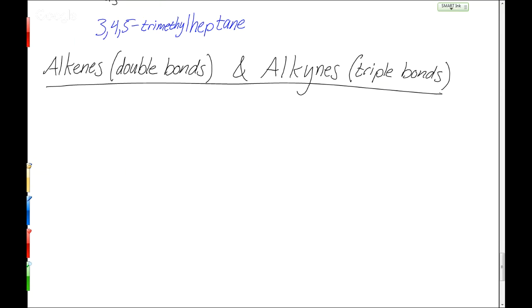And the way these look in line structures is very similar. So if we had something like this, the line structure would be 3 carbons, and then we'd show a double bond between the first 2, like that. Just 2 lines right next to each other tells you it's a double bond.